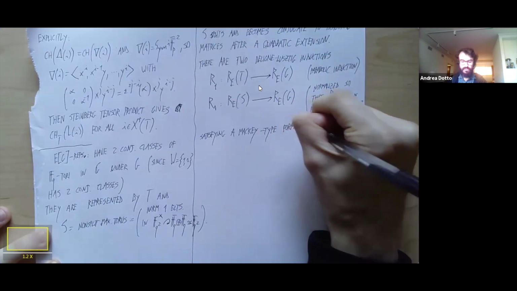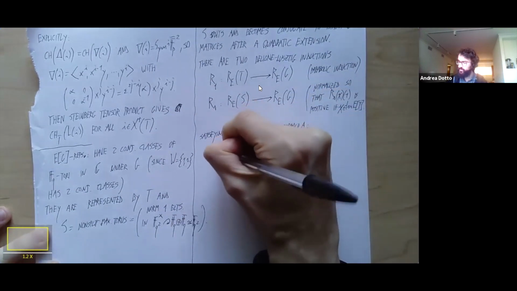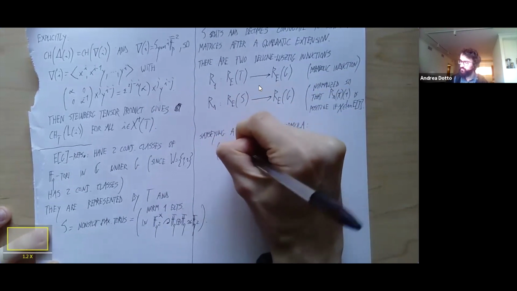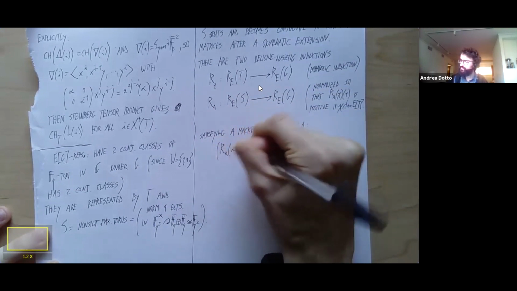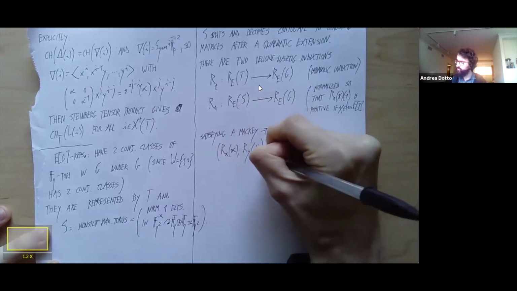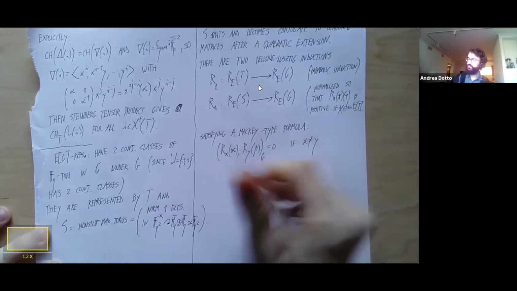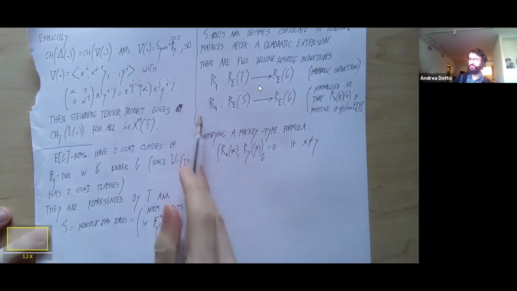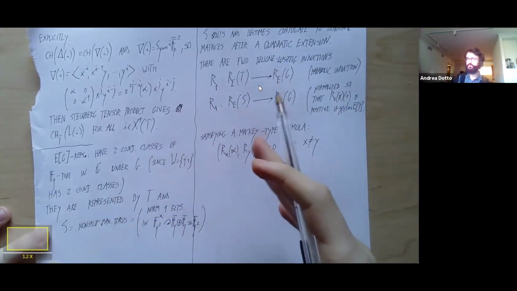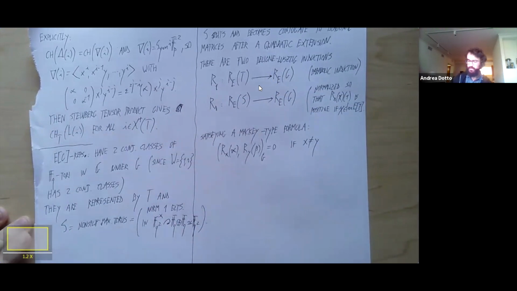And we're only going to need this for linear characters, in which case you can just write it as so, R_x of alpha and R_y of beta. So this is going to be equal to 0 if x is not equal to y. So if you're inducing from two different tori, you get two orthogonal virtual characters. Orthogonal, not necessarily disjoint, but still orthogonal.